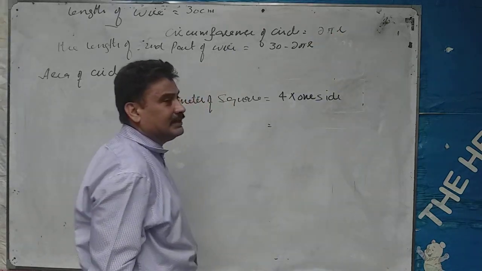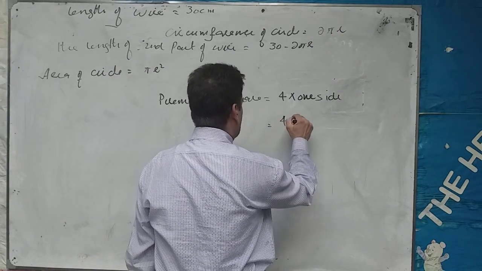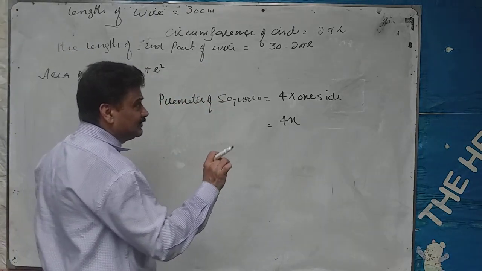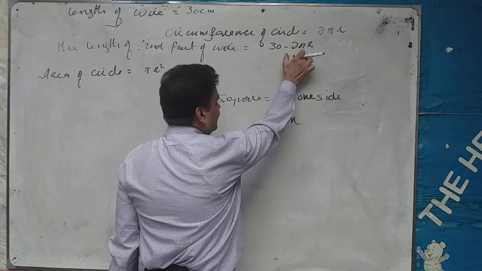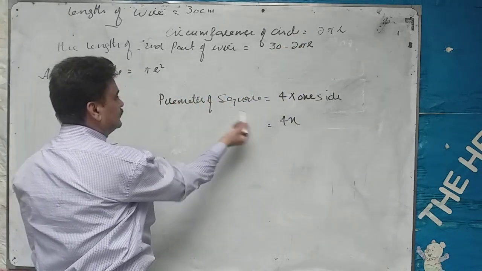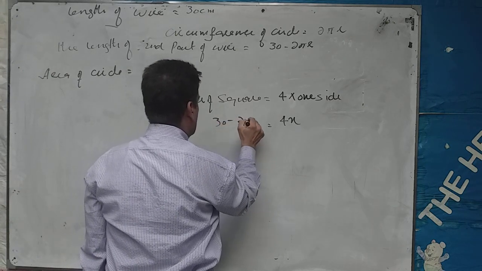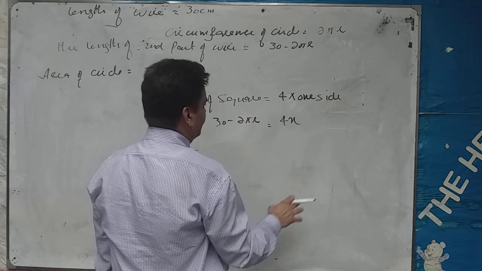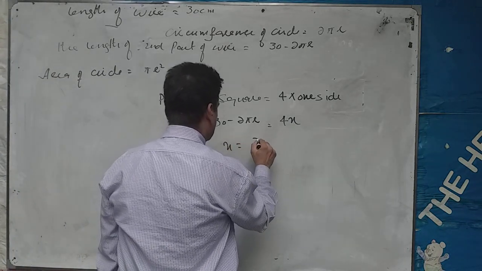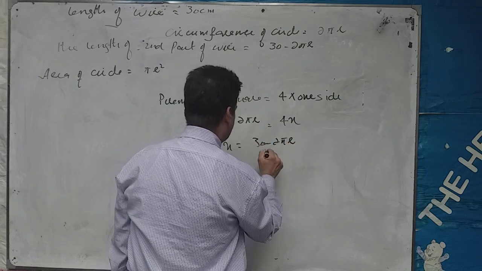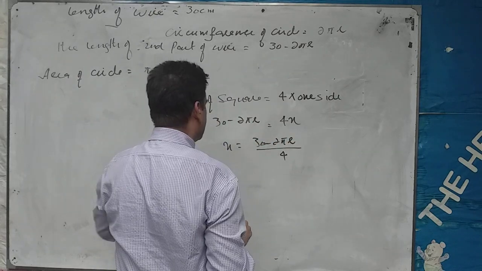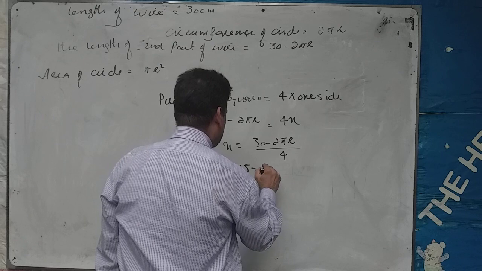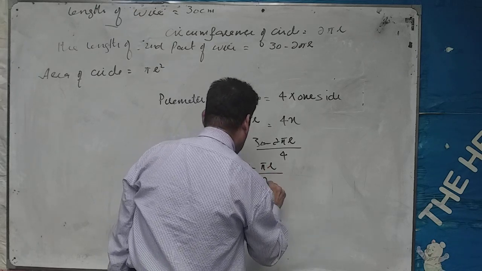We have to make a square of side x, so we write 4x, and the perimeter of the square is the total length of the second part of wire, which is 30 minus 2 pi r. We can define the value of x as 30 minus 2 pi r divided by 4, and x is equal to, by taking 2 common, 15 minus pi r over 2.